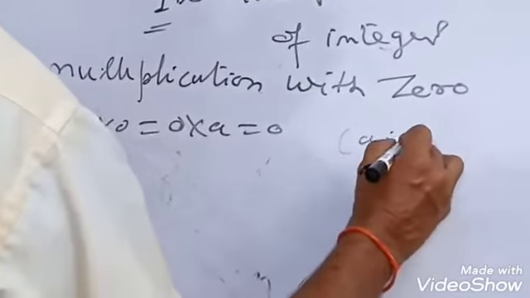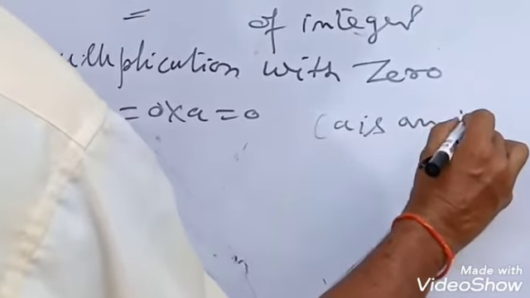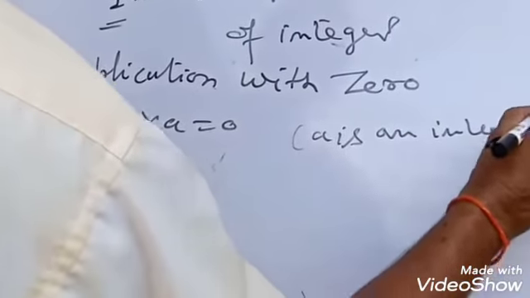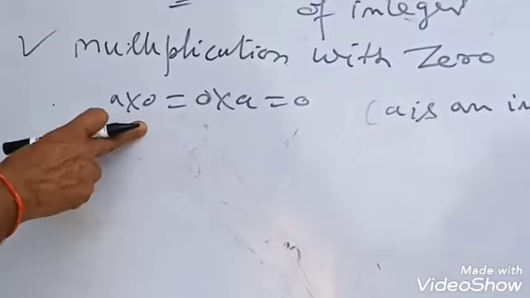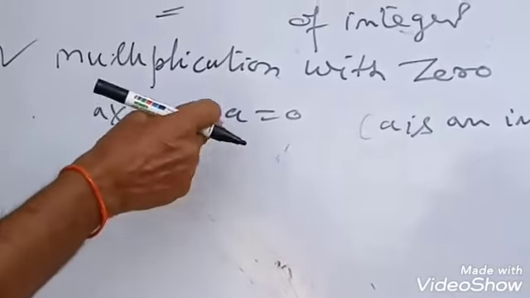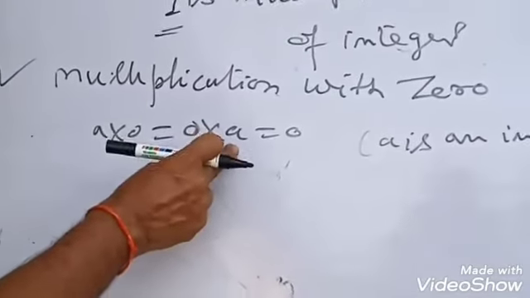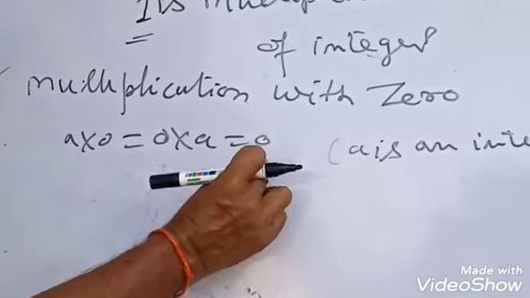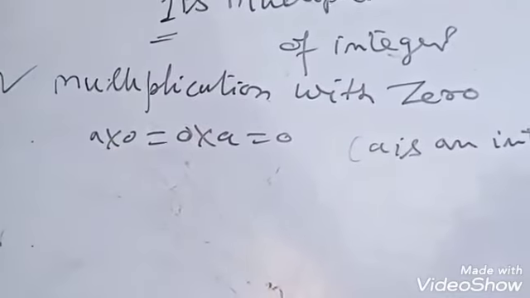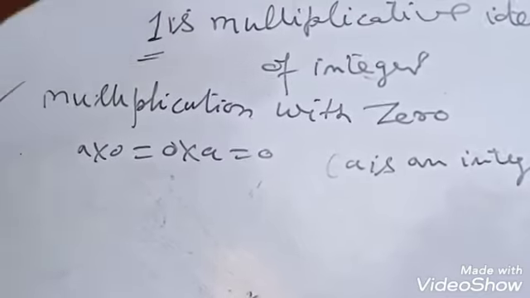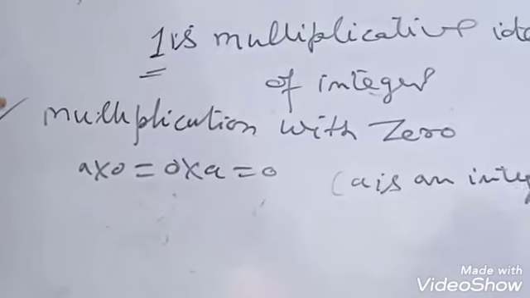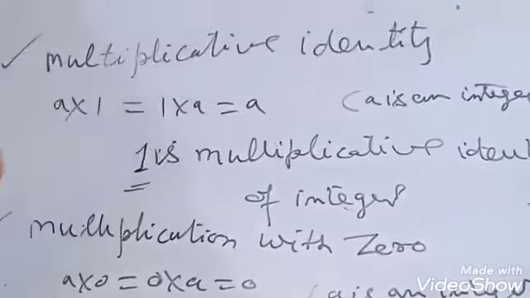A is an integer. For every integer A, when multiplied by 0, or 0 is multiplied by any integer, the value comes 0. So these are the properties of the multiplication of integers. On the basis of these, we can solve our questions of 1.3.